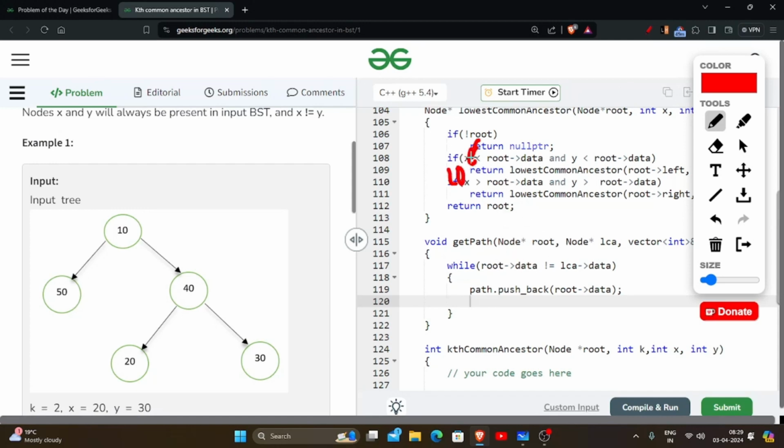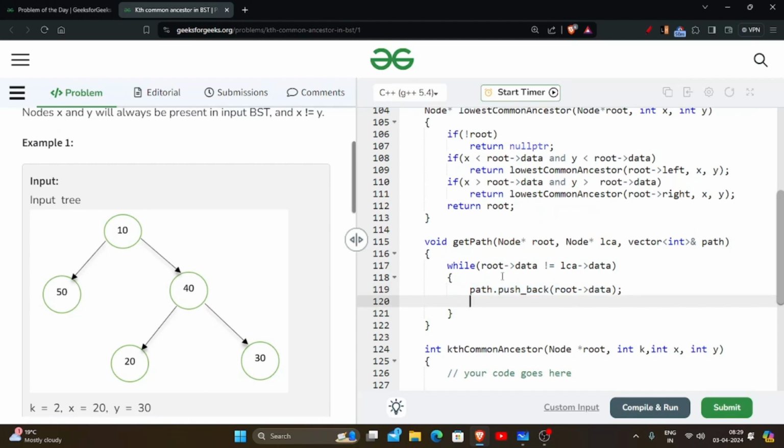If root is our LCA, then it's fine, this condition will not work. But if the LCA is lower than the root level, then root has to be pushed back. So if they are not equal, this node is definitely part of the path to my LCA.